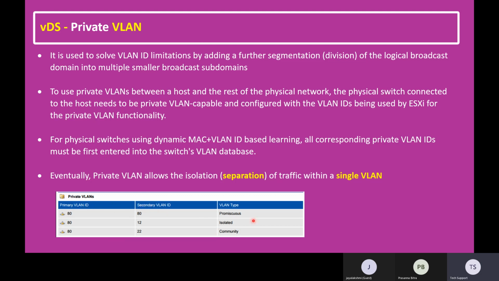Within the secondary VLAN ID we have three types. Promiscuous is equivalent to the primary VLAN ID, and isolated is a different number. This 12 is just a logical number only; we can use any number. Community means it will communicate with the promiscuous mode and within its community, but it won't communicate with the isolated. That is the purpose of isolated and community. I will explain these VLAN types in the next slide as well.